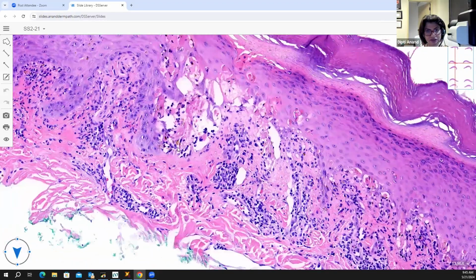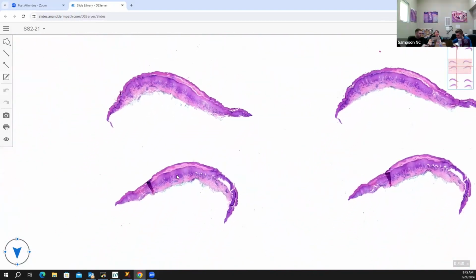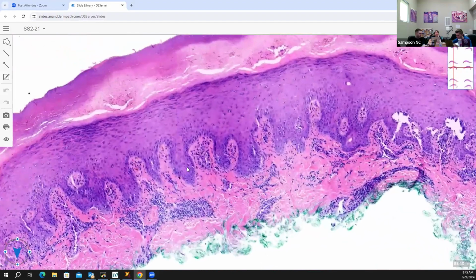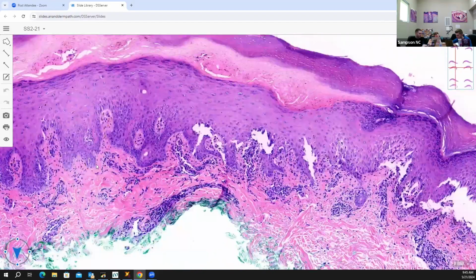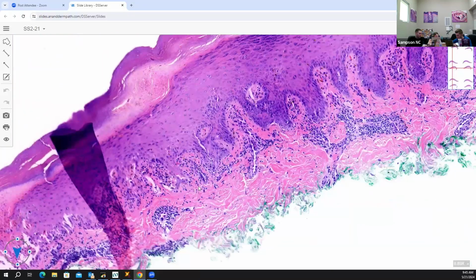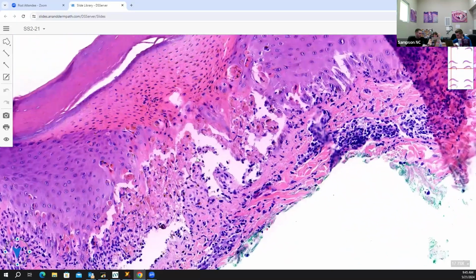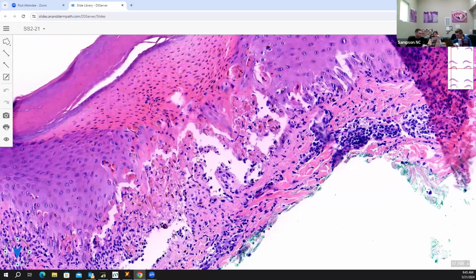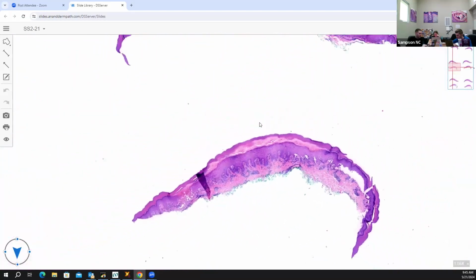And then we see some superficial dermal infiltrate. I thought I saw some red blood cells, lymphocytes, and some dyskeratotic cells here.